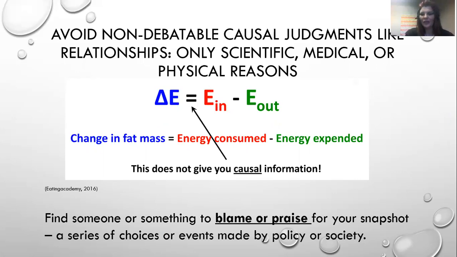No one's going to argue with time-tested science or physical or medical reasons unless maybe they're not educated on that particular topic. So move beyond just informational or expository writing and make an argument.